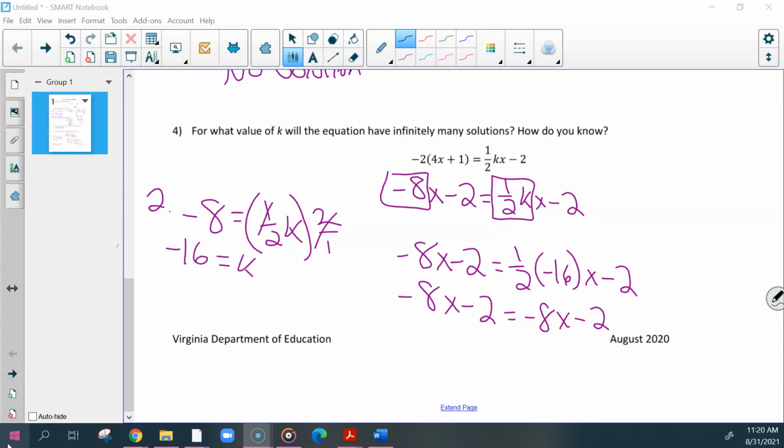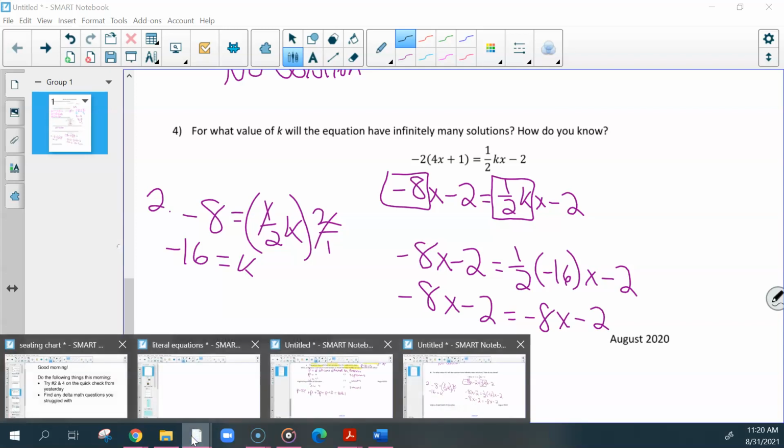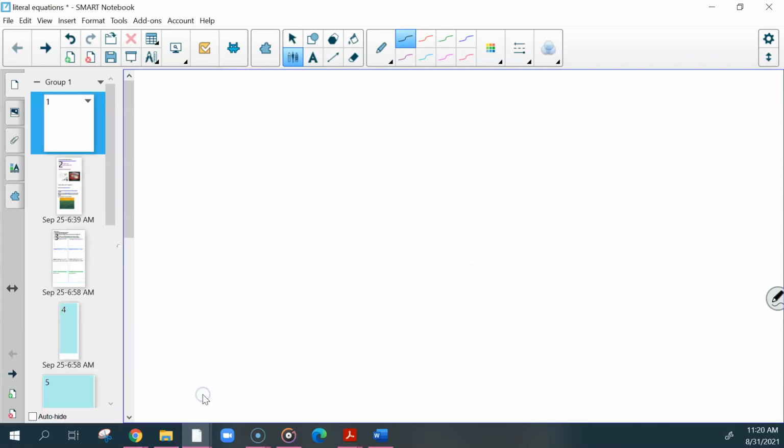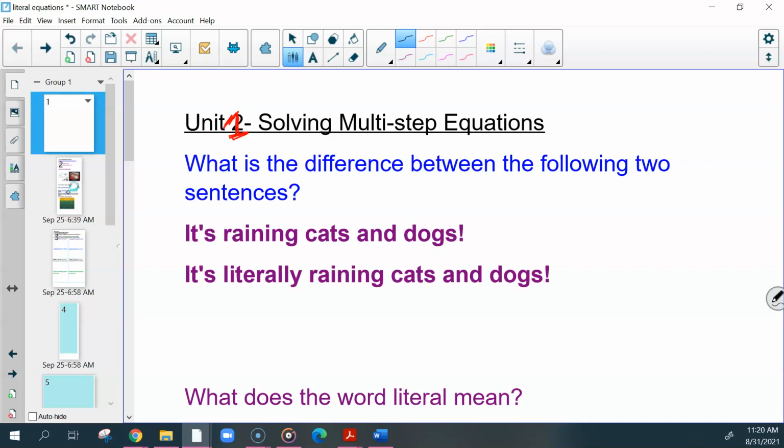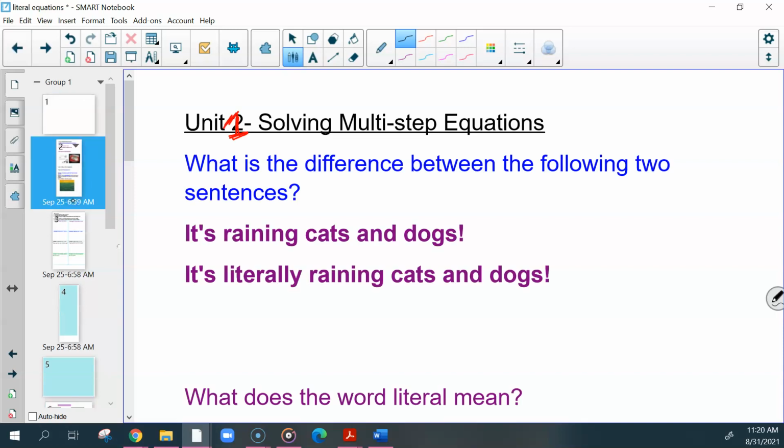You should have notes on your desk that look like this. Before we go through this, I did just want to ask if we had any questions on the Delta Math.